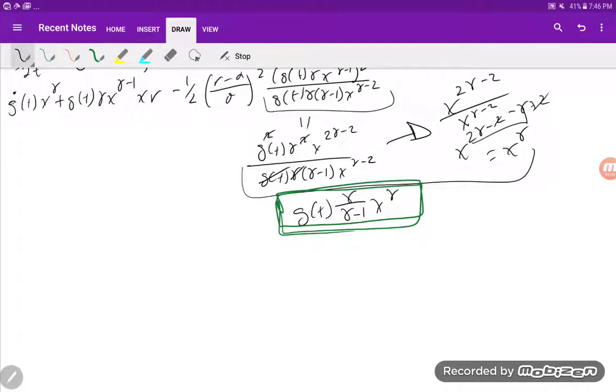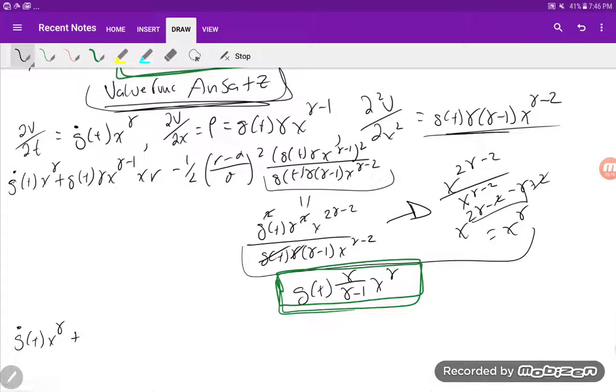All right, let's simplify here a little bit. So we had g prime t x to the gamma plus, and there's probably a way to simplify this too. So x, this is the same thing as x to the 1, isn't it? Yes, it is. So you'd have x to the gamma minus 1 plus 1. That just becomes x to the gamma. Very nice.